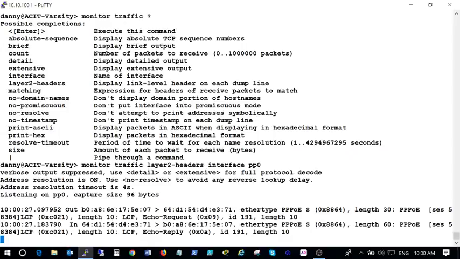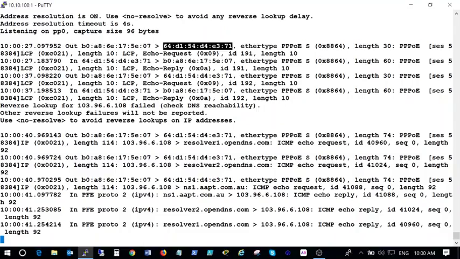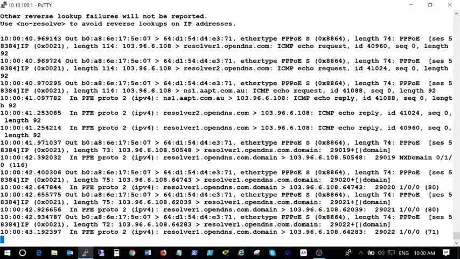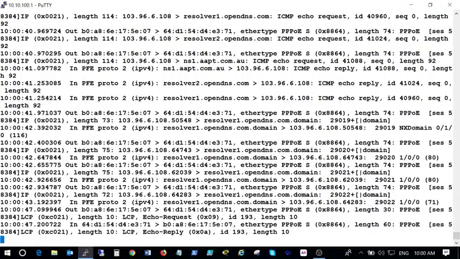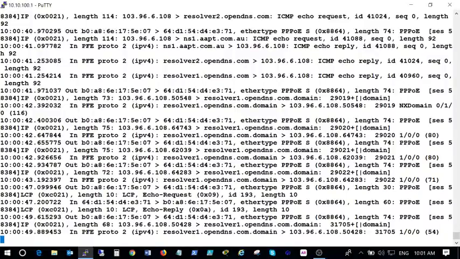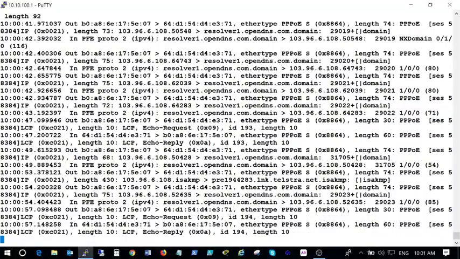So we've got now the MAC addresses showing, and we've got a packet going out from a MAC address to a MAC address. And we've got traffic coming in. So we look at our in there, and we've got it coming in from a MAC address to a local MAC address.